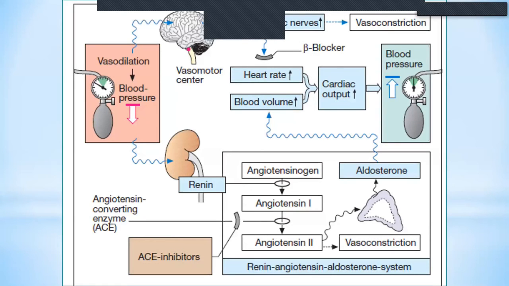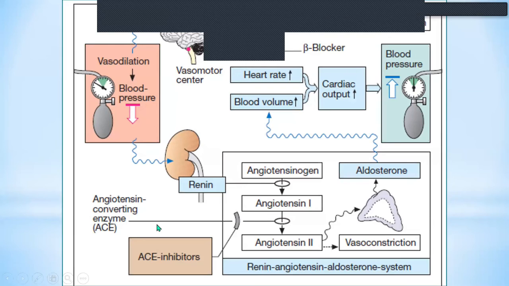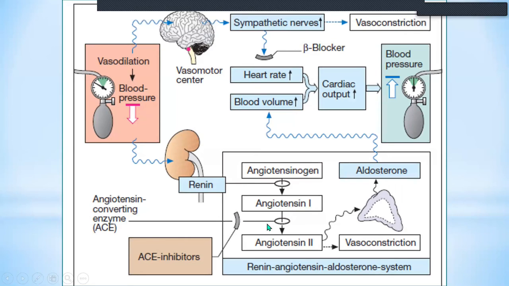And here you can see the variety of actions of the renin-angiotensin-aldosterone system. All three components of the RAAS are going to have a coordinated action, especially the angiotensin converting enzyme, or ACE. ACE is going to convert angiotensin 1 to 2, whereas renin is going to act on angiotensinogen, which is the precursor of angiotensin 1.